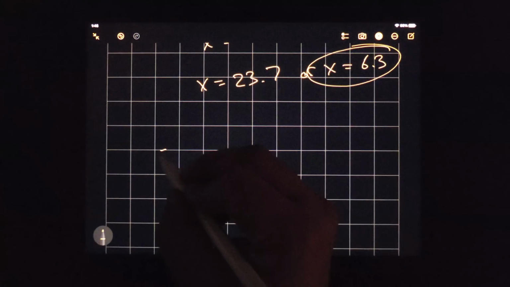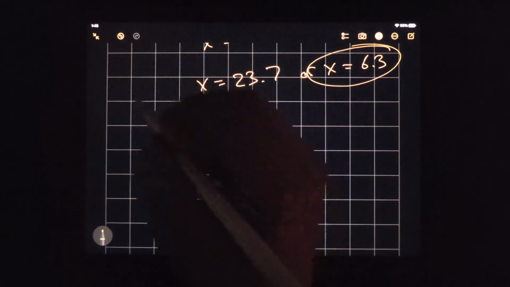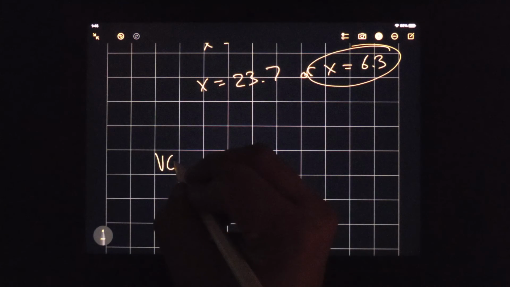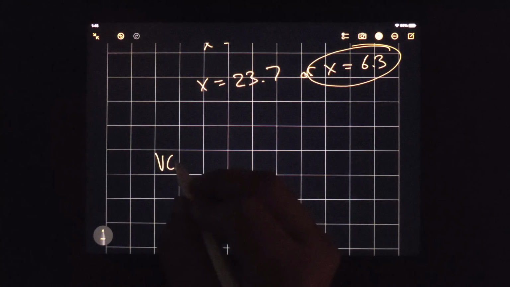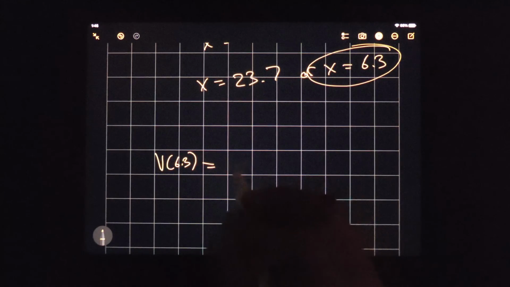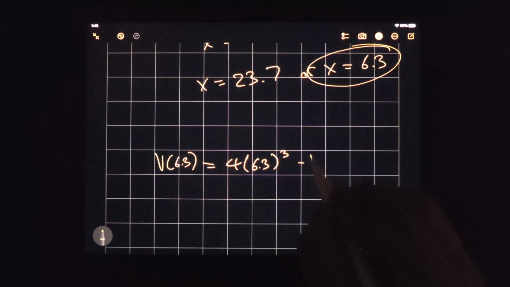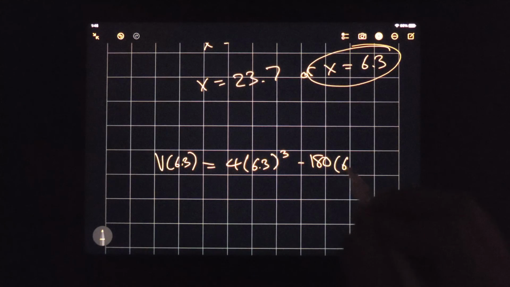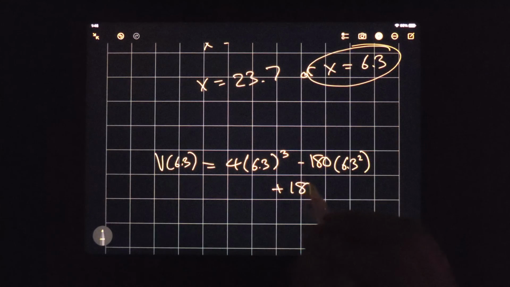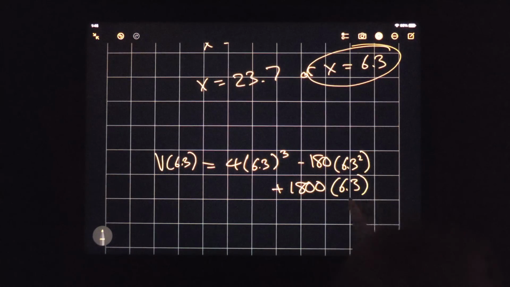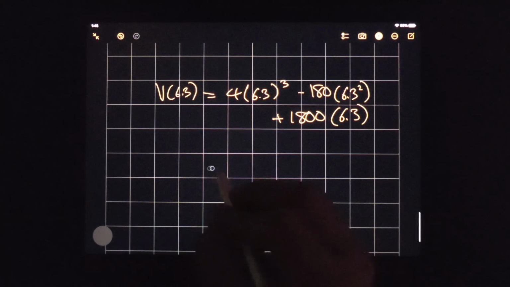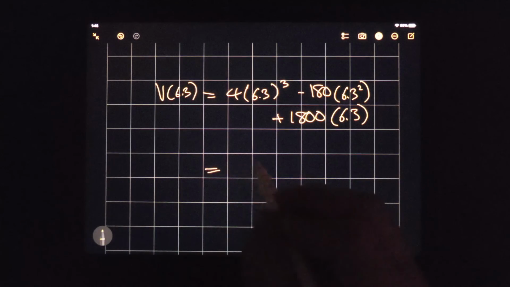So if you plug 6.3 back into our V of x formula, you should get 5196.